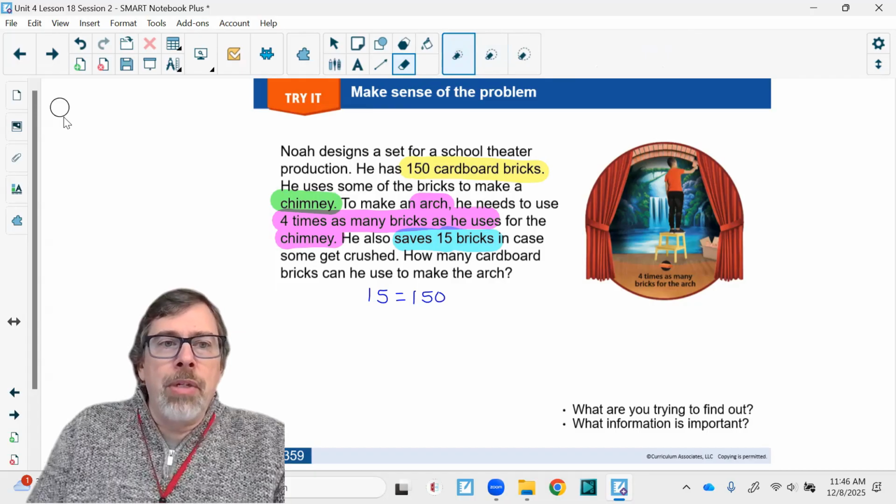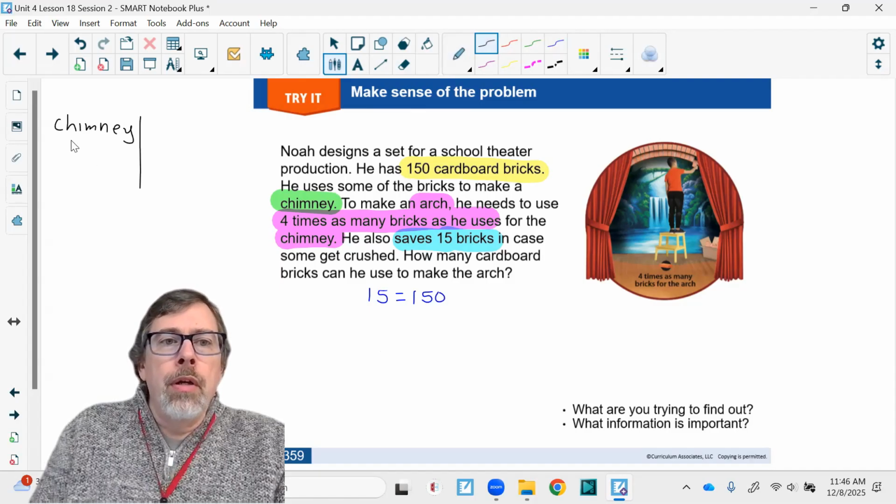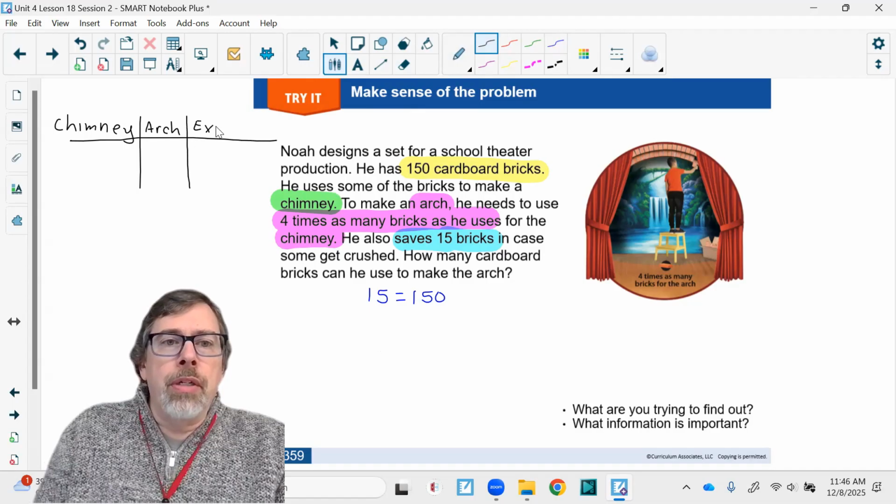So we have a chimney. Okay, we have an arch. And we have extras or surplus. We already know he has 15 extras.